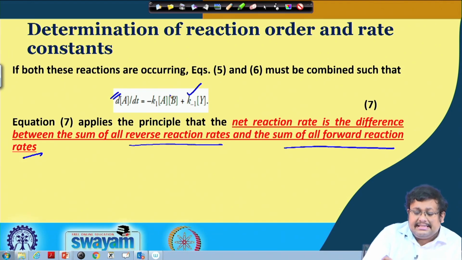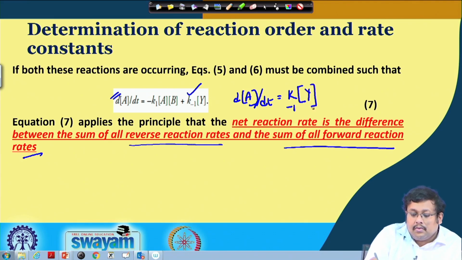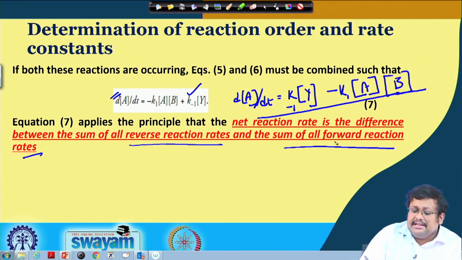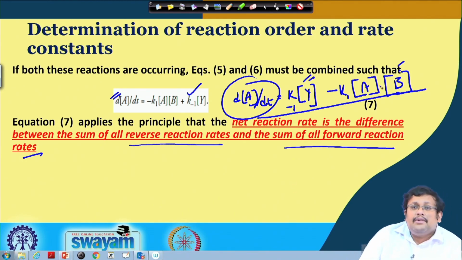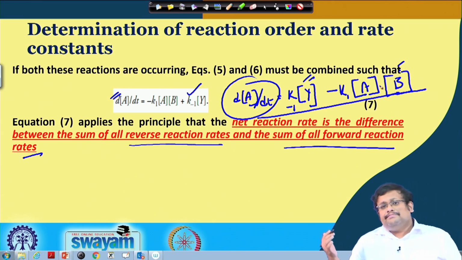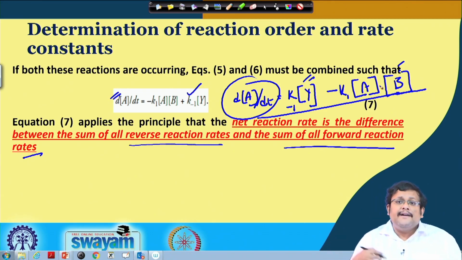Arranged, it is dA/dt equals K minus 1 times Y minus K1 times the product of A and B. So this is the net reaction rate, and this is how we can calculate the net reaction rate for any reaction where there are both forward and backward reactions.